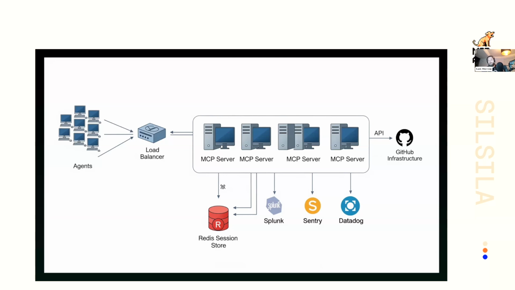Another interesting quirk is that because it's not a one-to-one mapping of agent to server like the local servers are normally used, we create a new server in the SDK sense every single request, and we dynamically build the set of tools based on things like the URL. You can use our tool sets with URLs or slash read only as well. We can also do feature flag experiments so we can try out new tools.